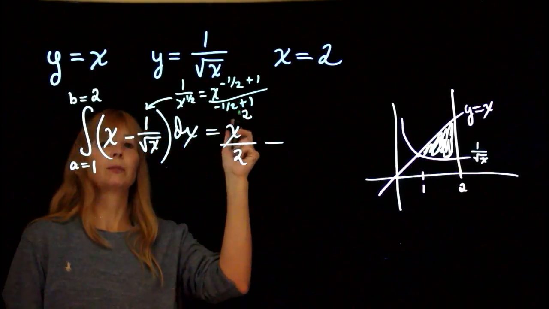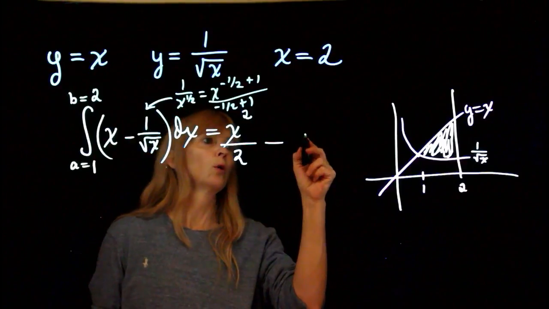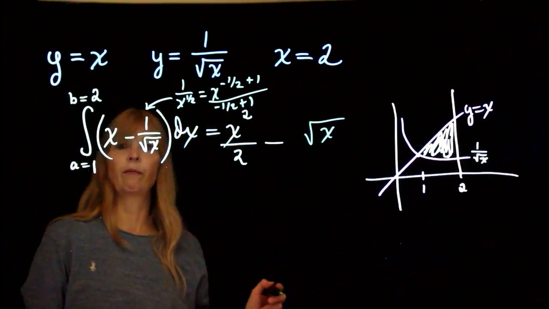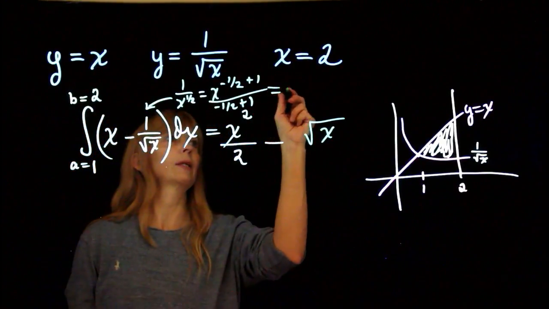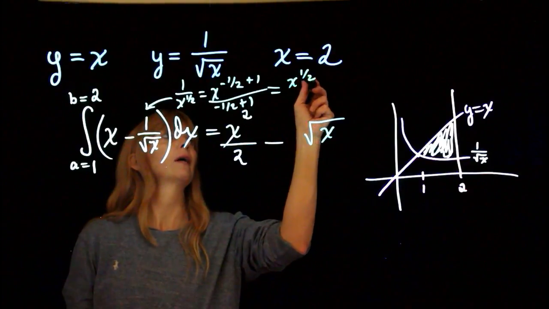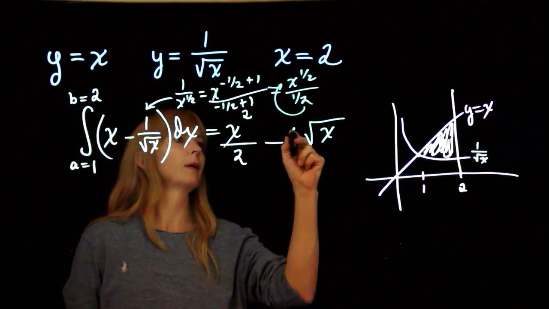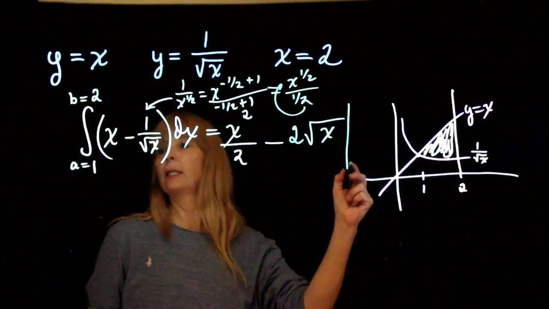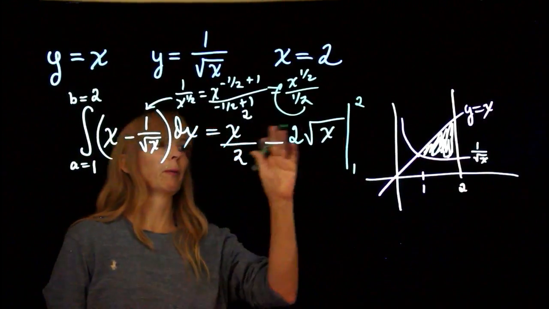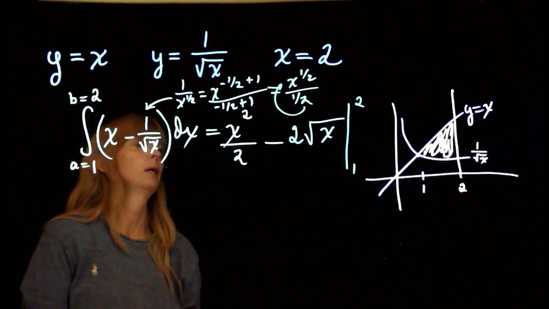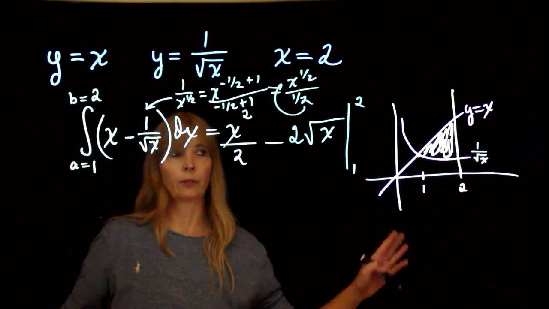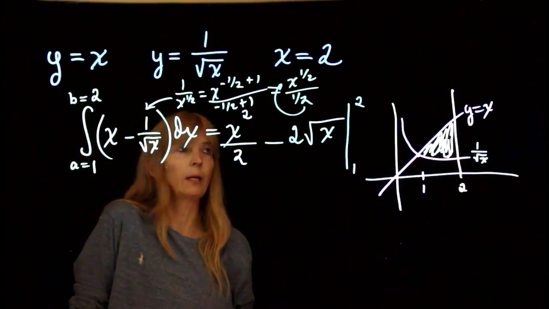So the top becomes x to the 1/2, which is the square root of x, right? So let me write that out here, x to the 1/2. And of course the bottom's the 1/2. Well, I'm going to bring that 2 up there, and it just makes it easier to plug these values in. Okay, so antiderivatives, should be good at those by now, right?